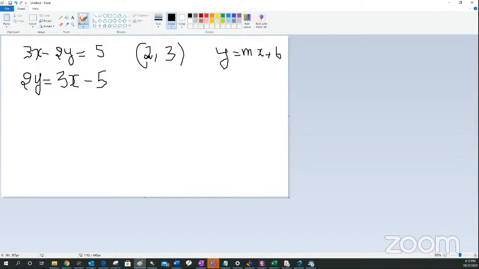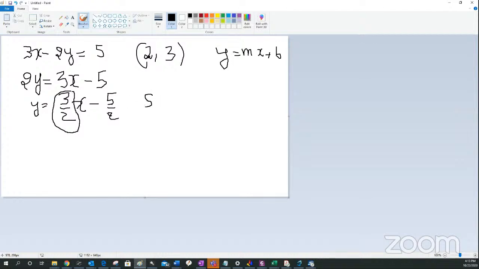So you get y equal to 3 over 2 x minus 5 over 2. So then what is our slope? The slope is equal to 3 over 2. So this is the slope.